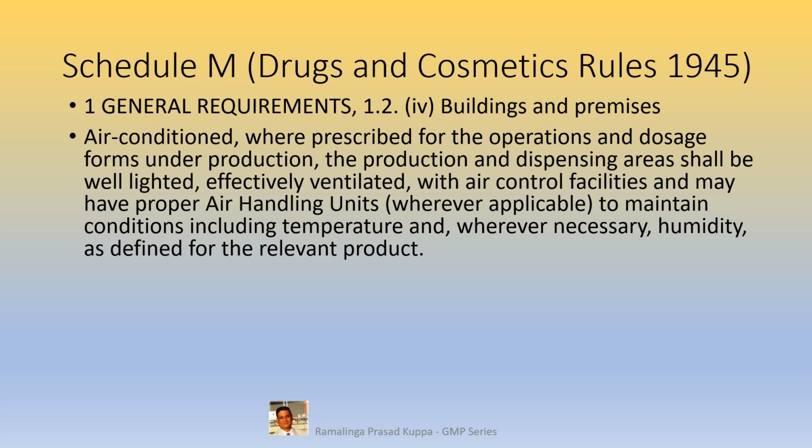The production and dispensing areas shall be well lighted, effectively ventilated, with air control facilities and may have proper air handling systems wherever applicable to maintain the conditions including temperature and wherever necessary humidity as defined for the relevant product.